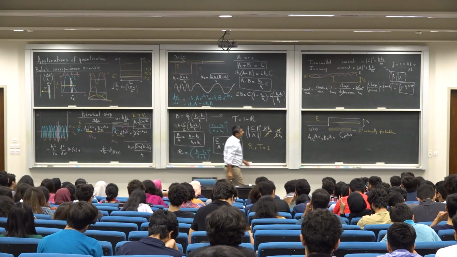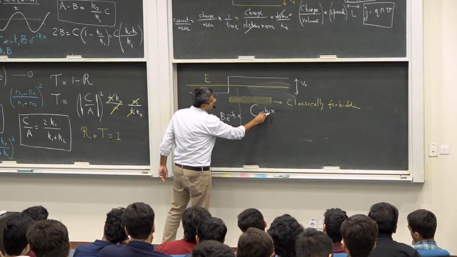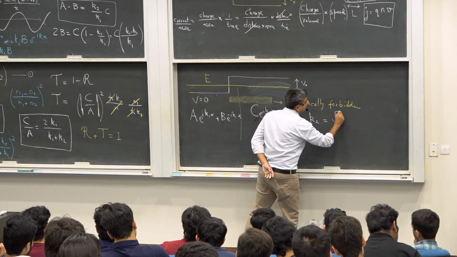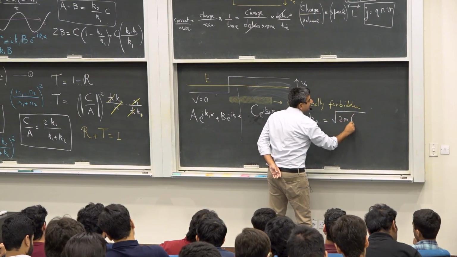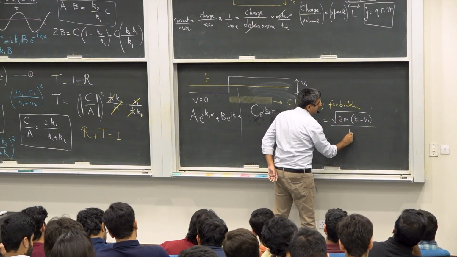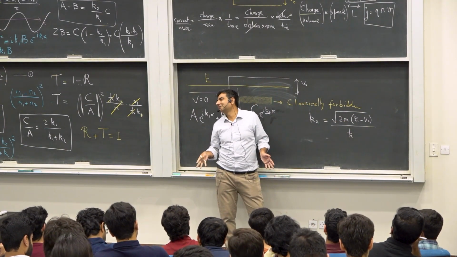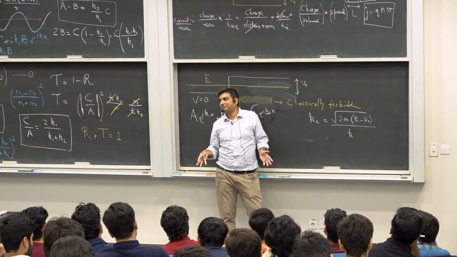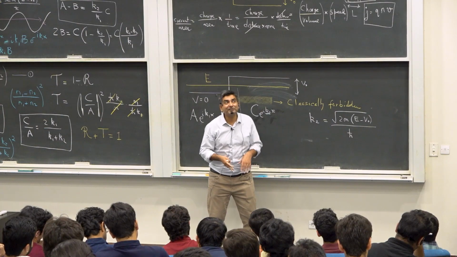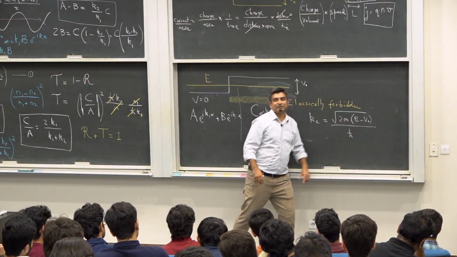So in the classically forbidden region, k2 is now under root 2m(E minus V naught) over h bar. Previously E was bigger than V naught, so you can take the square root. But now, since the energy of the incoming particle is smaller than the potential barrier it has to overcome, this term becomes negative.